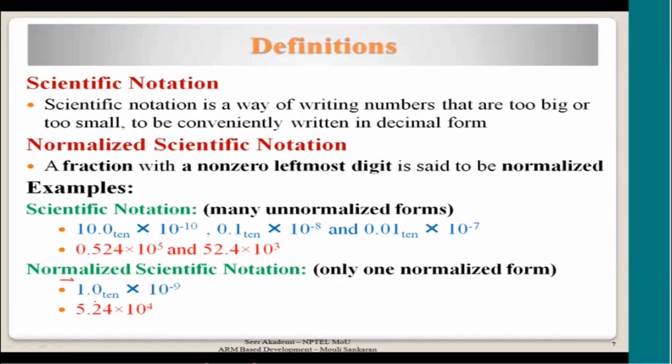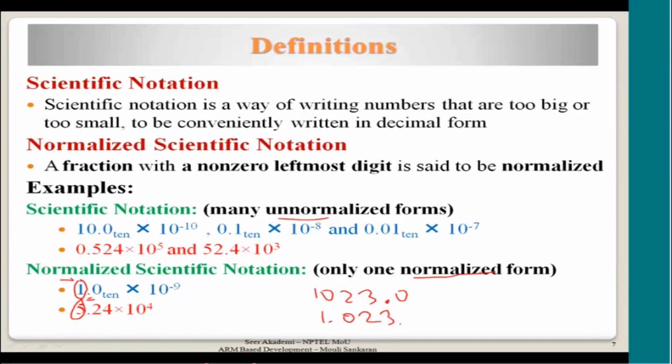So there is one non-zero digit after the decimal point, so the decimal point is moved. Suppose I give you a value and ask you to represent it in normalized form. What will you do? You move the decimal point to get 1.023.